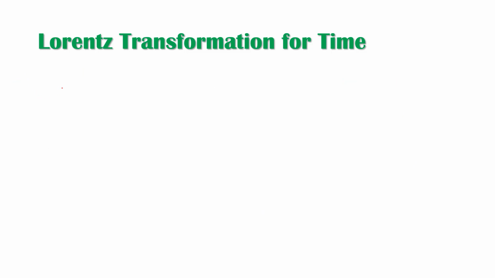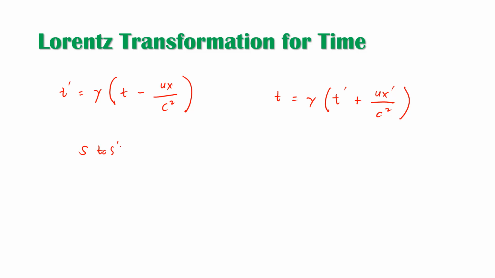Okay, so let me rewrite. We have t prime is equal to gamma multiplied by (t minus ux over c squared). And applying our technique to find t, we have t is equal to gamma multiplied by (t prime plus u x prime over c squared). Okay, so this is for relating S to S prime, and then this one is S prime to S.